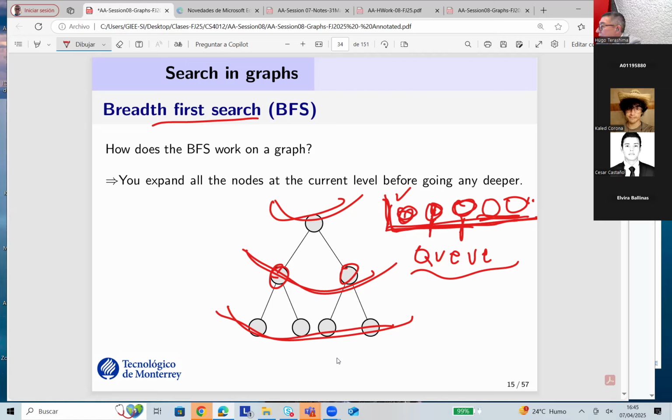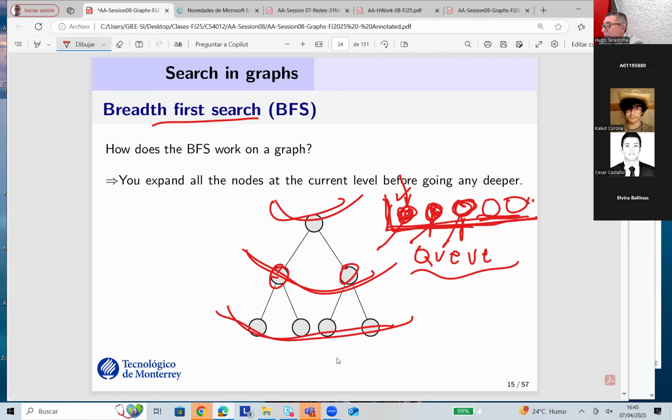What is a queue in the movie theater? When you go and buy tickets at the box office, what do you do? You wait. What is a queue? First in line, first served, right? Second in line, second served.